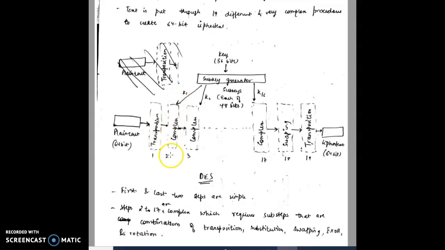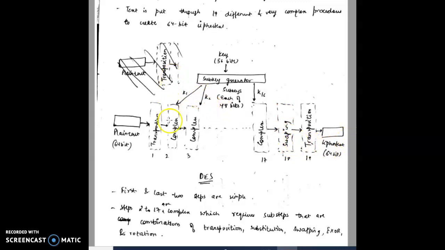The steps from 2 to 17 are complex steps. On the next page we'll discuss the detailed structure of this complex procedure. These are combinations of substitution, XOR, rotation, transposition, all the functions we discussed in the last lecture on bit level encryption. The combination of these operations is used in steps 2 to 17, the complex steps. At step 18, you are doing the swapping. You are only swapping the bits with each other.